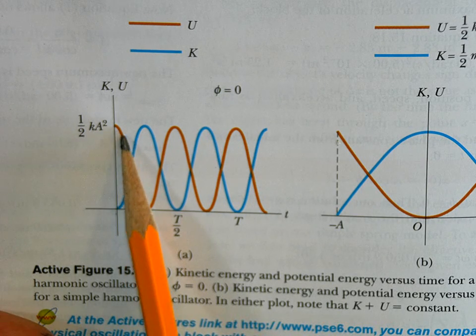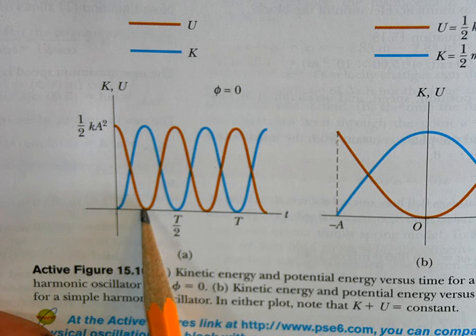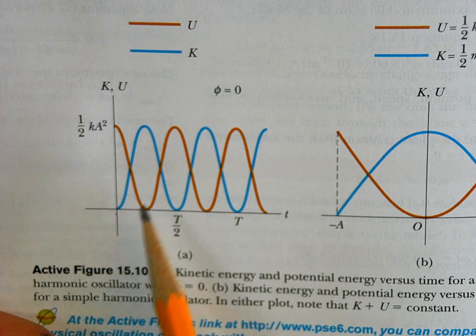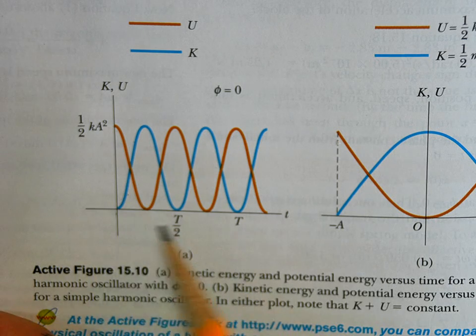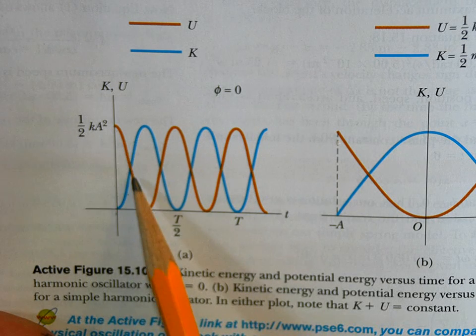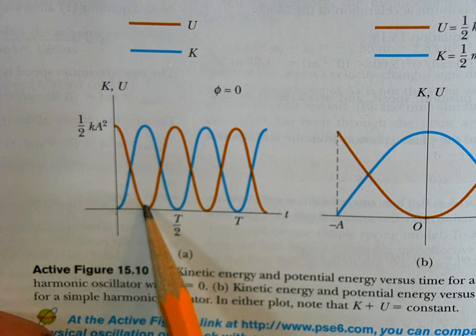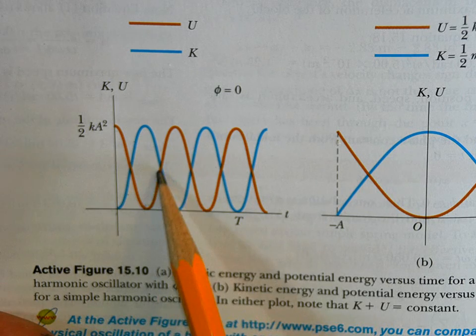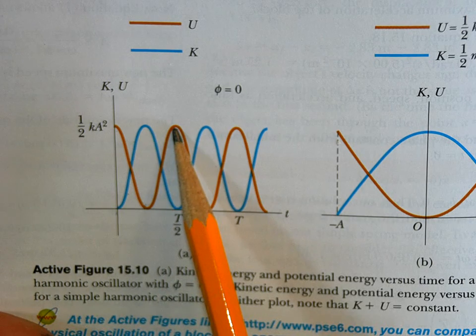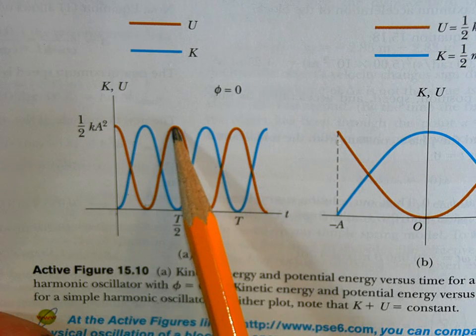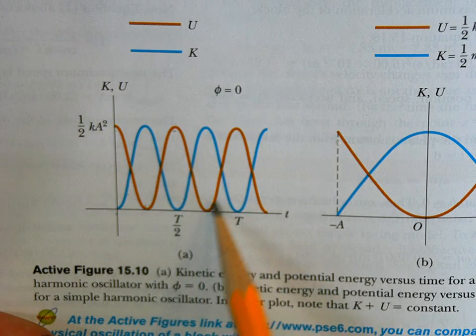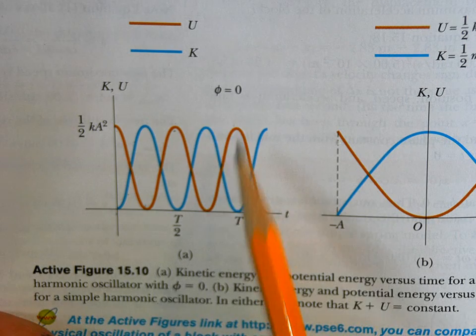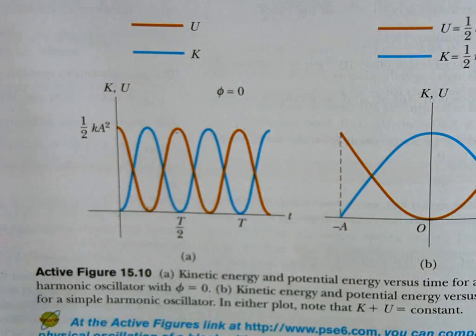Therefore, it loses potential energy until we reach the very center, and then we go back out on the other side. And then we lose it again, but this is half a period, and then another half a period is a full period.